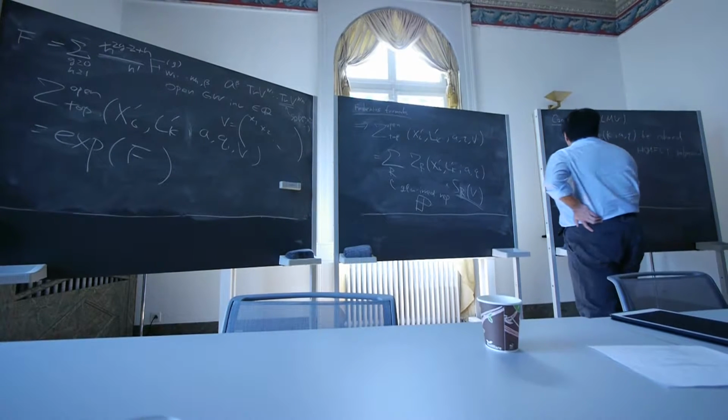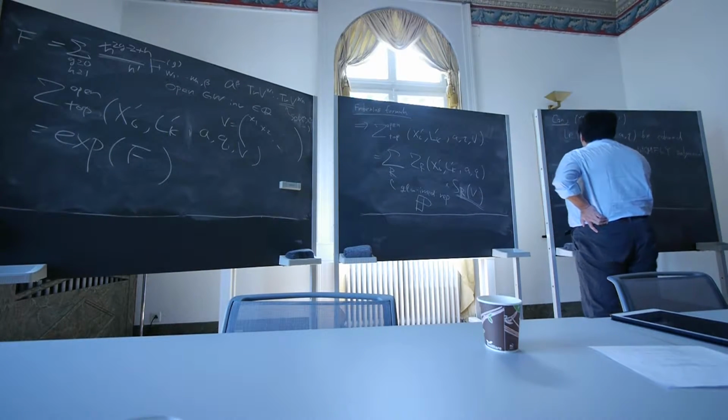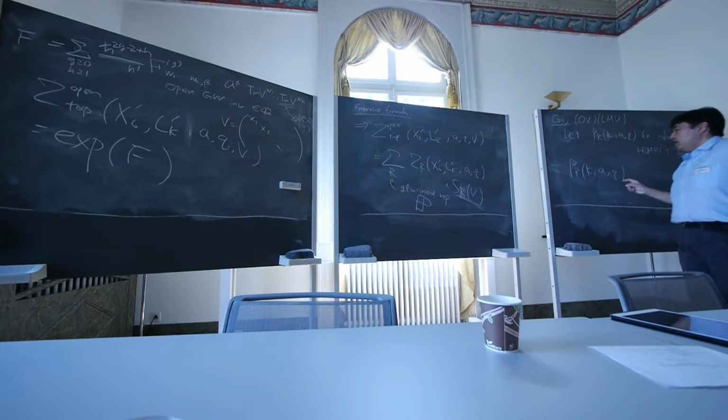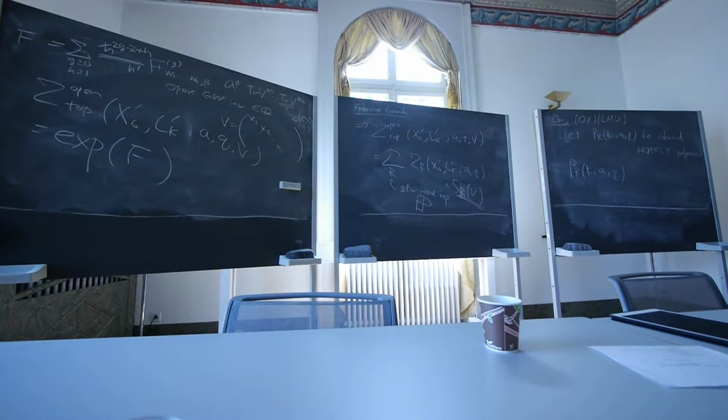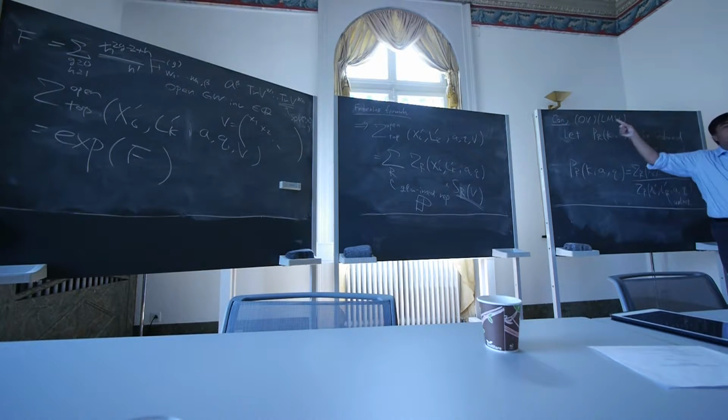Taking into account the appropriate normalization factor, that is, the colored HOMFLY polynomial is equal to 1 for the unknot, correspondingly we introduce the following normalization. Here, this O means the unknot. So this is a conjecture proposed by Ooguri-Vafa and Labastida-Mariño-Vafa.